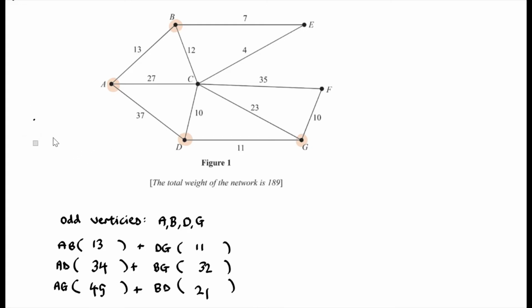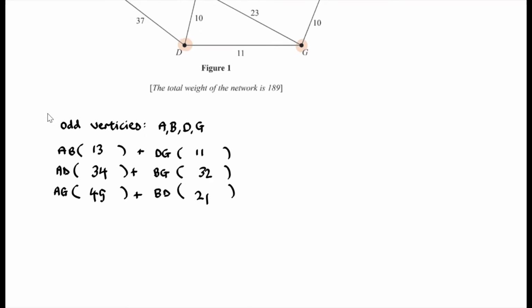And what you'd find then is, if we add these up, we have 24, 66, and 66. This 24 is the smallest, so therefore we would have to repeat AB and also repeat DG.